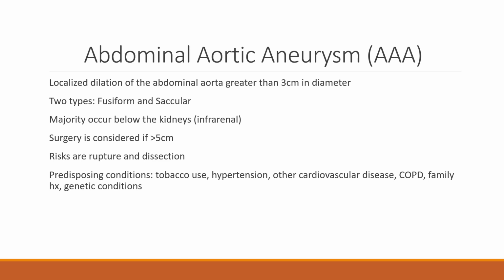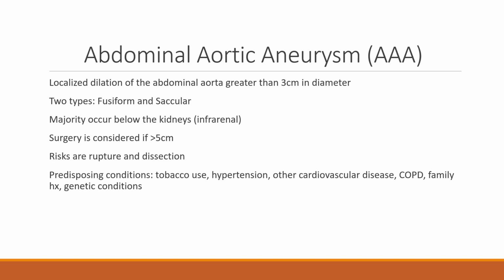Anything above 3 centimeters is definitely aneurysmal. That 2.7 to 3 centimeter area is sort of a gray area where it's at the upper limits of normal, may be aneurysmal, but may not be. Anything that's greater than 1.5 times the normal diameter is also aneurysmal.